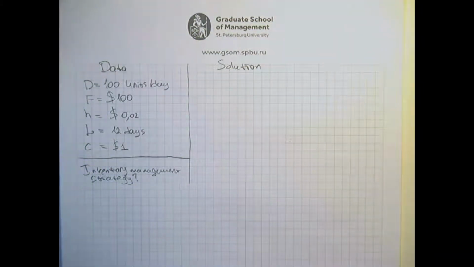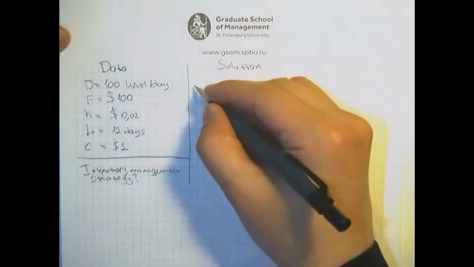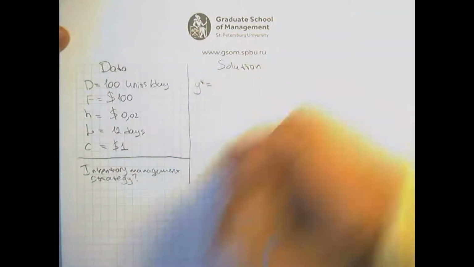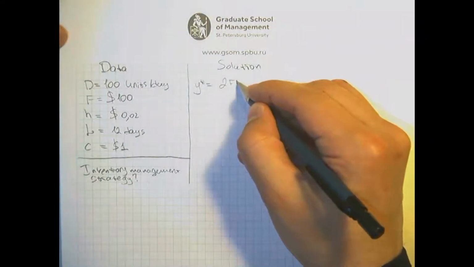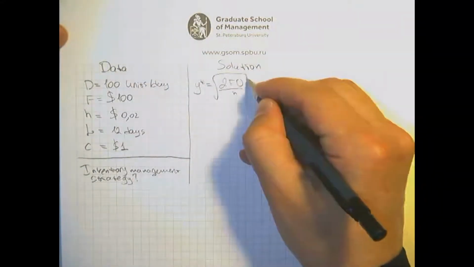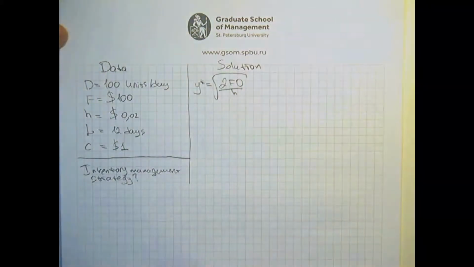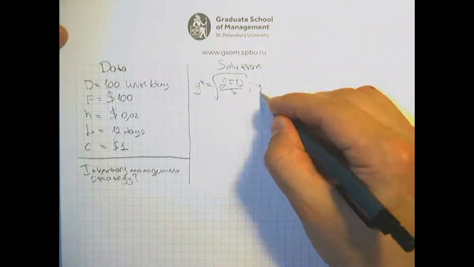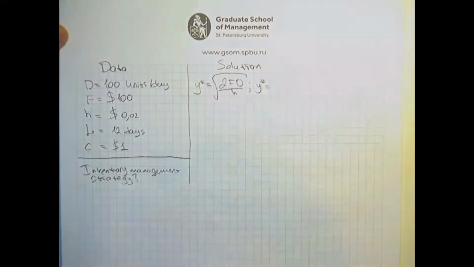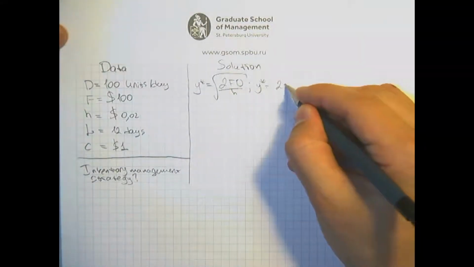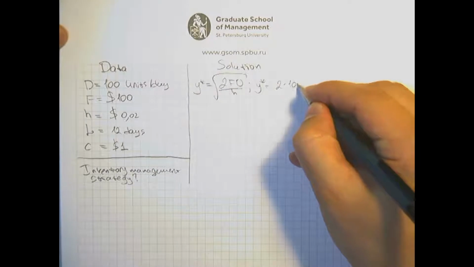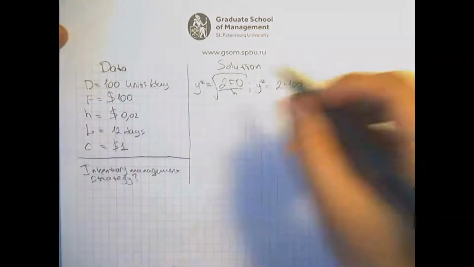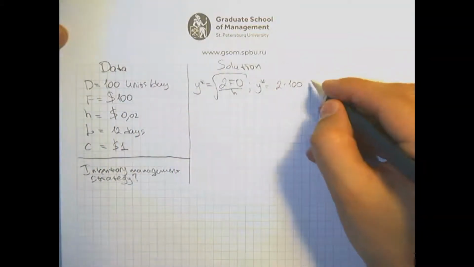Let's find the optimal order quantity. We will calculate Y star with the formula: the square root of 2FD over H. From this formula, we consider 2 times F, where F is $100 and D is 100 units per day.